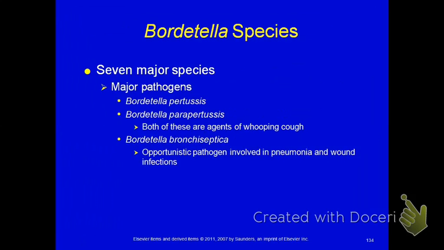The major pathogens would include Bordetella pertussis and Bordetella parapertussis. Both of these could cause whooping cough, though Bordetella pertussis is more common. Then you have Bordetella bronchiseptica, an opportunistic pathogen involved in pneumonia and even in wound infection.